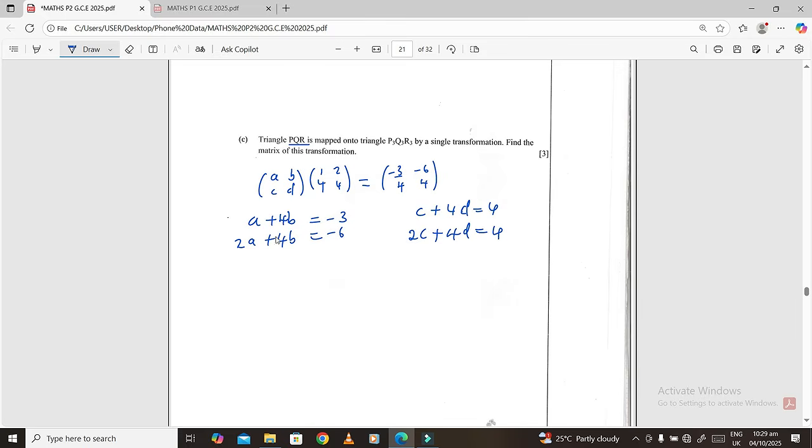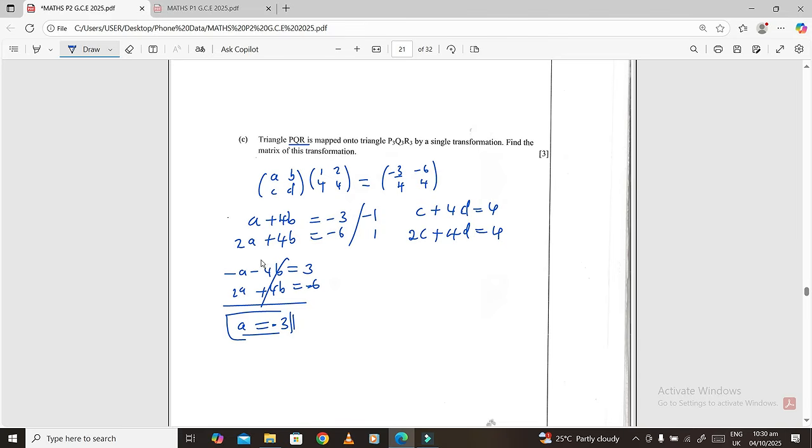So solve these simultaneous equations. Here, since I've got the similar signs, so I can change. Remember, I can put negative 1 here, so this will be negative A minus 4B is equal to 3. For this one, it will be 2A plus 4B is equal to negative 6. When we add, this is giving us A. These two cancel out, is equal to a 3. Actually, negative 3. So the value of A is equal to negative 3.